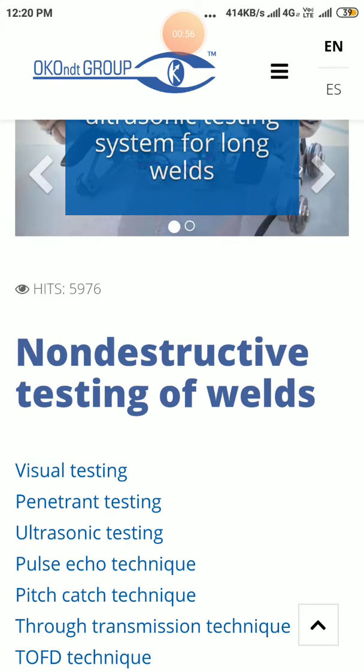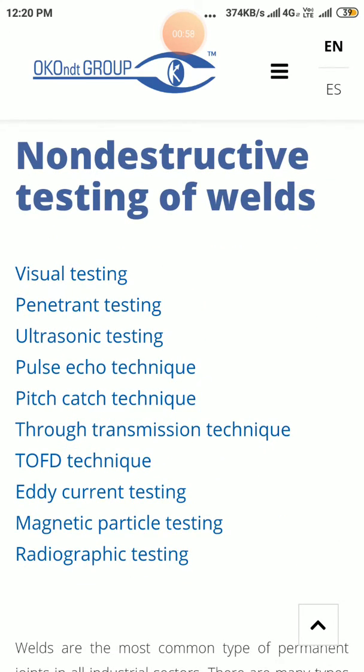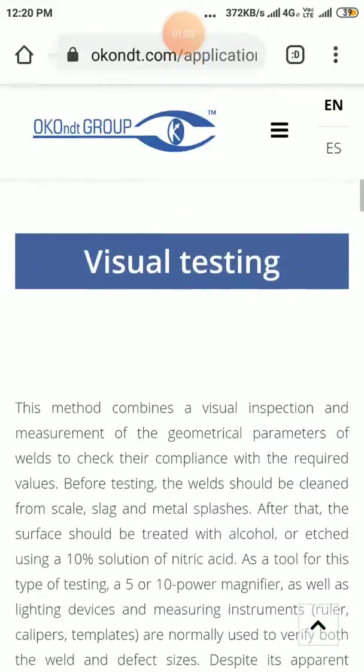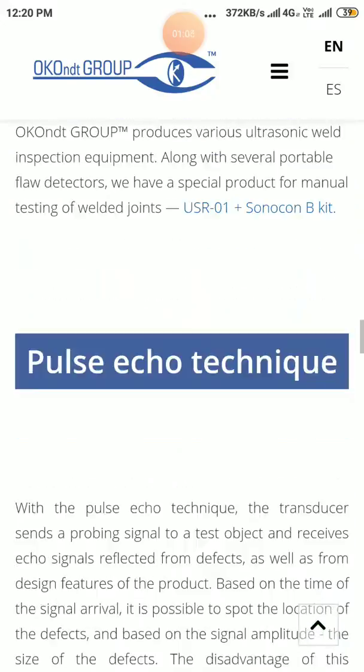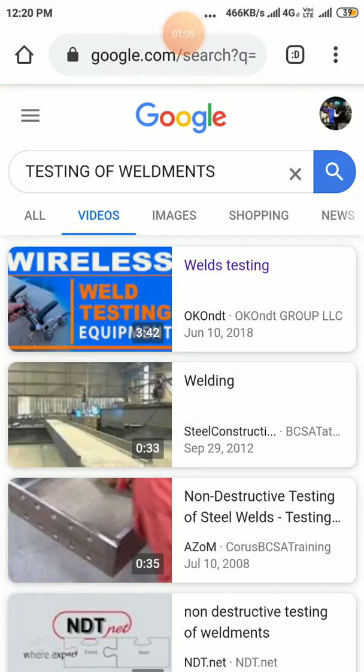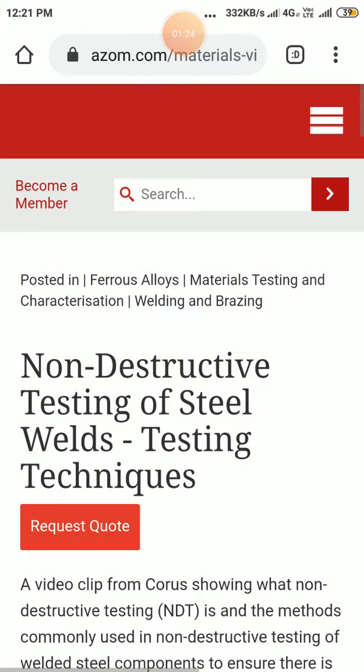Non-destructive testing of welds: visual testing, penetrant test, ultrasonic test. Next, we focus on non-destructive test.